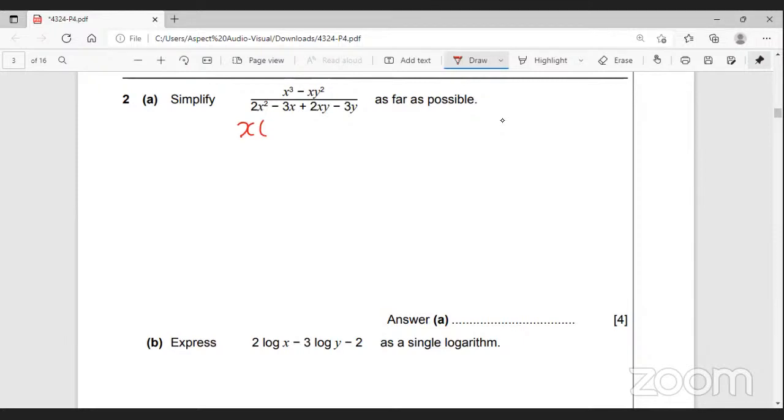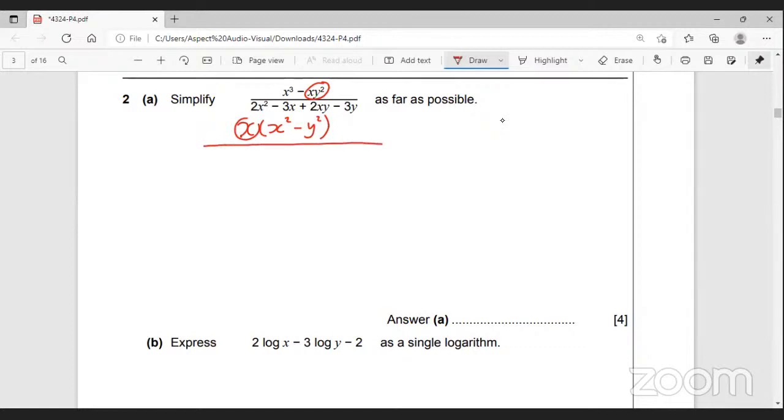And then x multiplying y squared divided by x is going to be what? It's just going to be y squared.